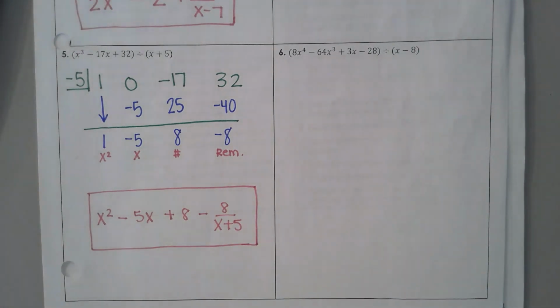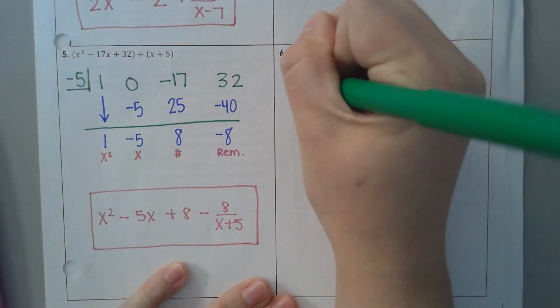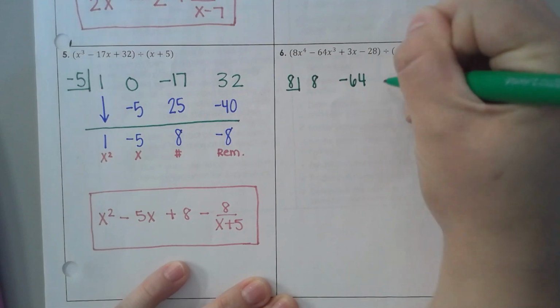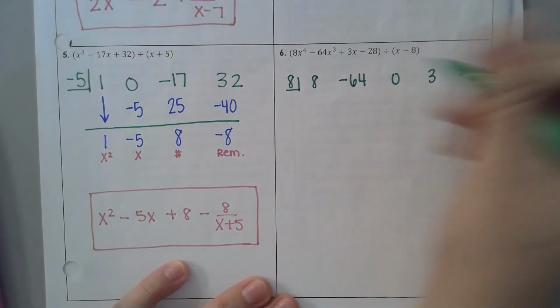I want you to try number 6. So you should have put an 8 in the box, and then 8, negative 64, 0, 3, negative 28.